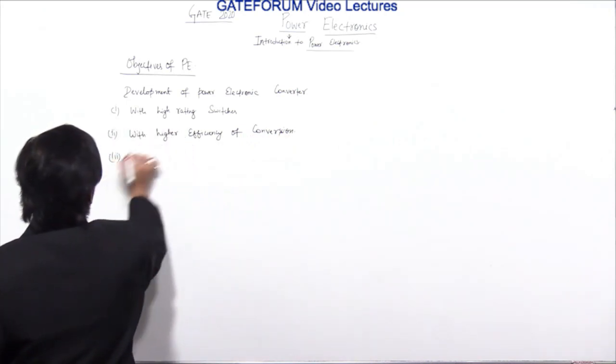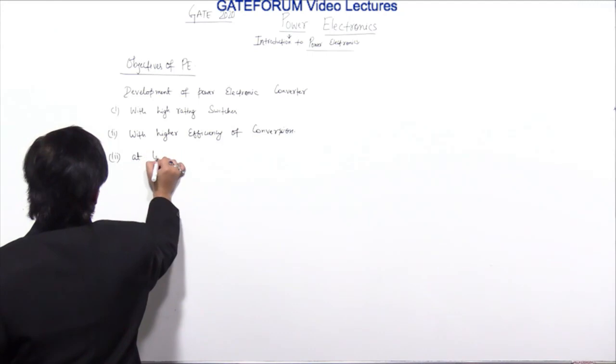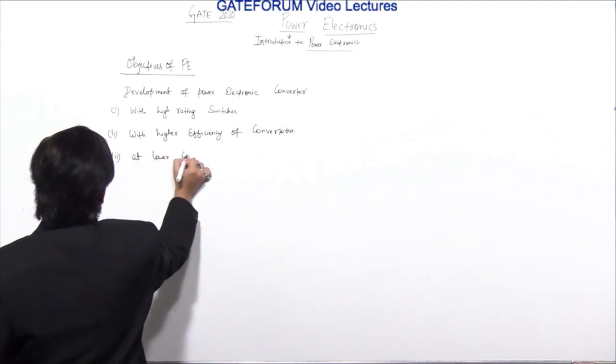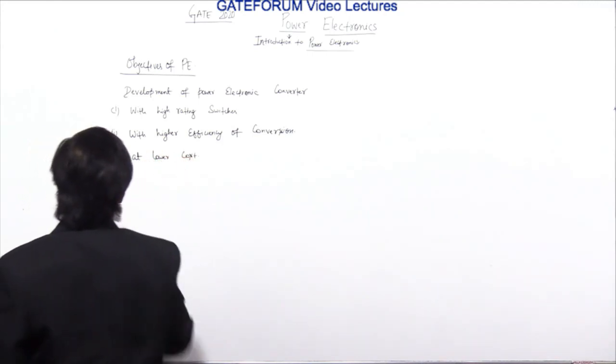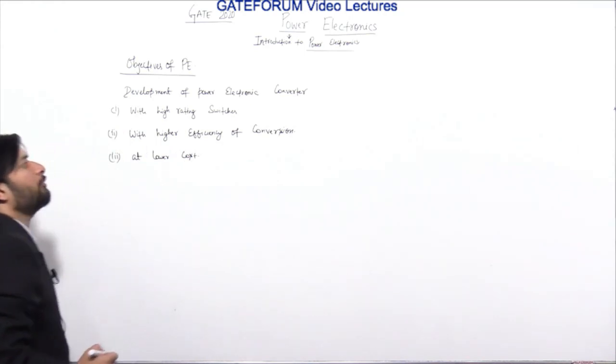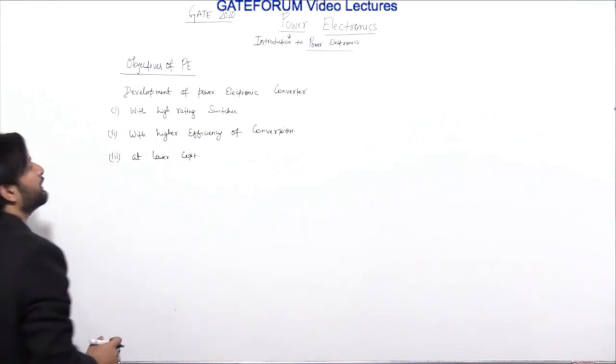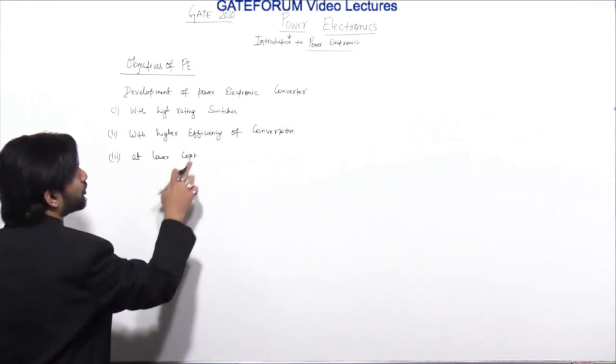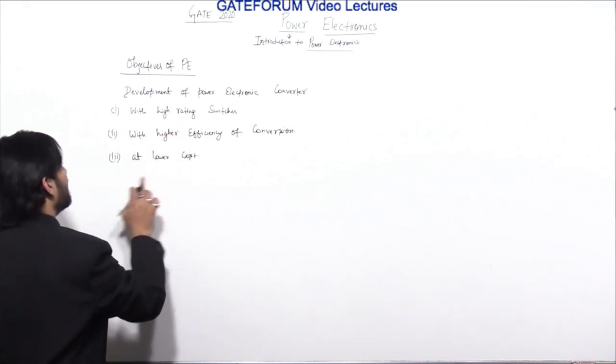Development of power electronic converter at lower cost. When you are designing a power electronic converter, you must be techno-economic. You must keep in mind that the cost of that converter must be less.